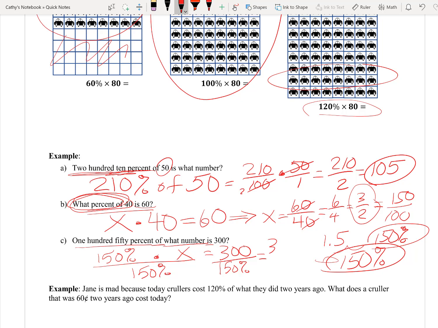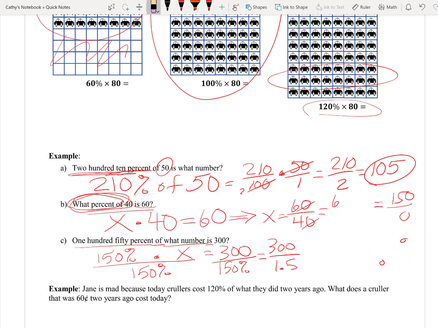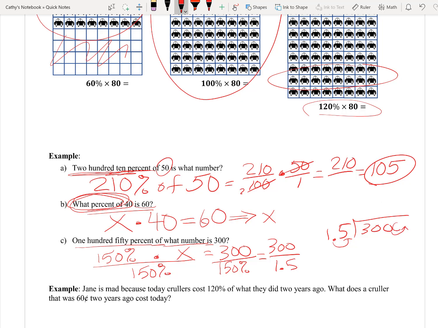So 300 divided by 1.5, you could do that as a division problem. So 1.5, you got to move that decimal 1 to the right.